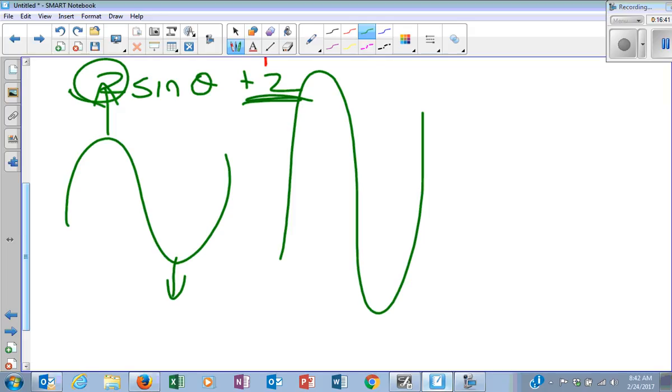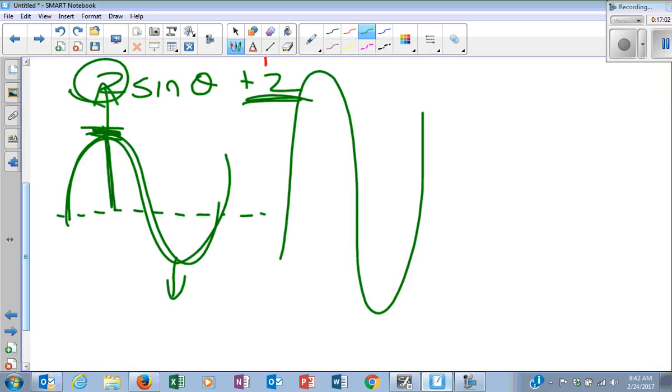You with me? Now the other thing we need to talk about is the distance between here and this midline, which is where it starts to shift itself to the other side. From here to here is the amplitude. How do I get my amplitude?